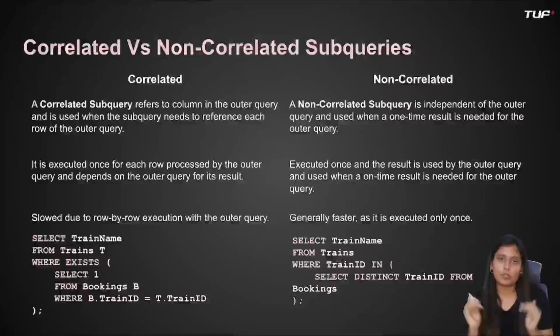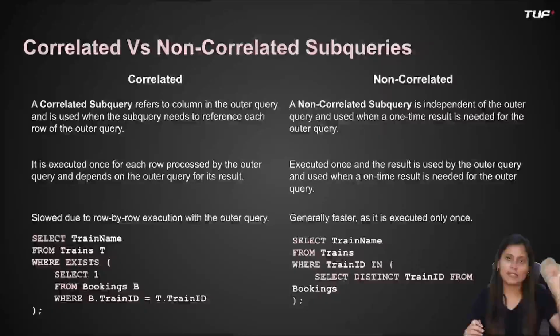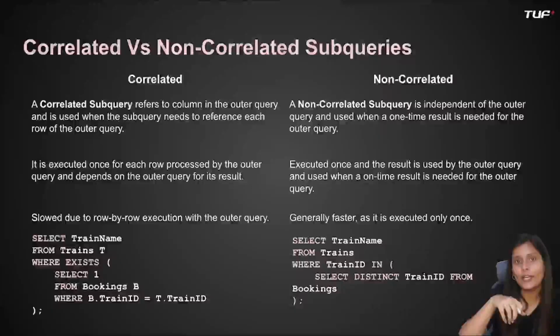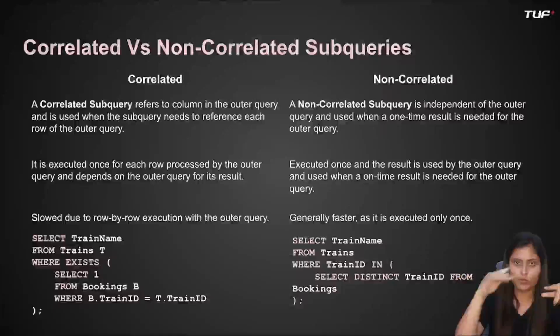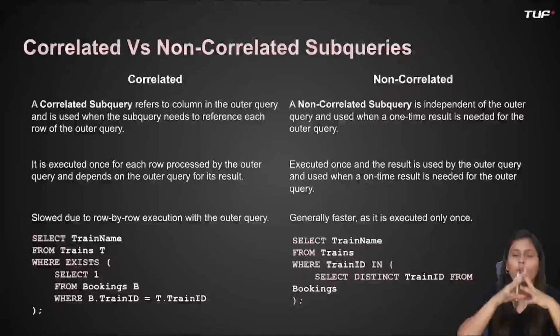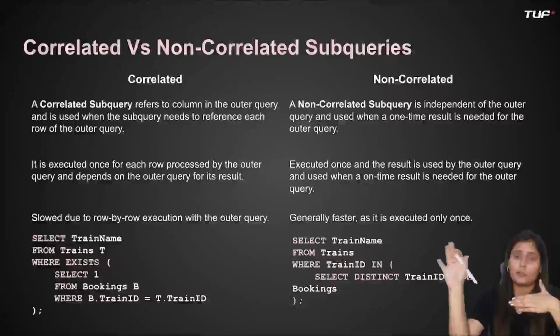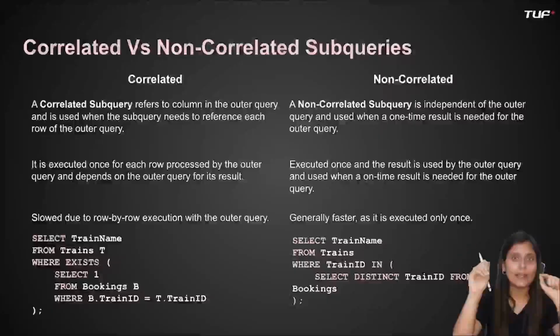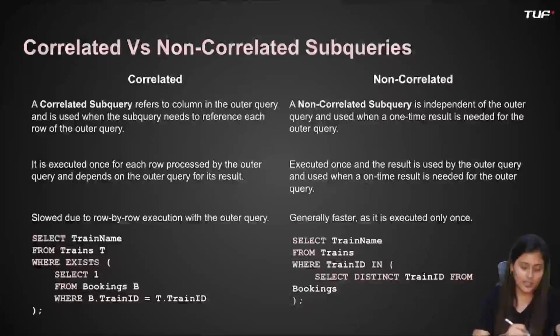Let's suppose it gave true for 101, that yes, it is present in both the bookings table and the trains table. Now it waits for the outer query to use this true value, validate, and do whatever operation it wants. Then for another value, it will run. So basically, the subquery is dependent on the outer query. That is why it is correlated.